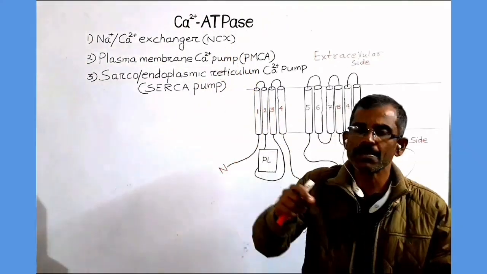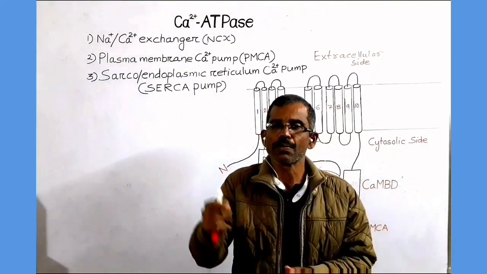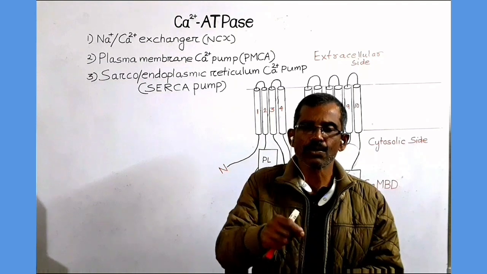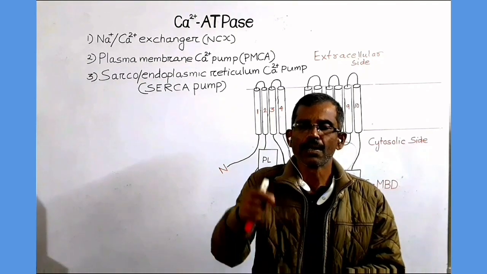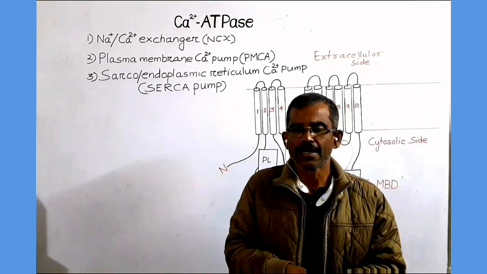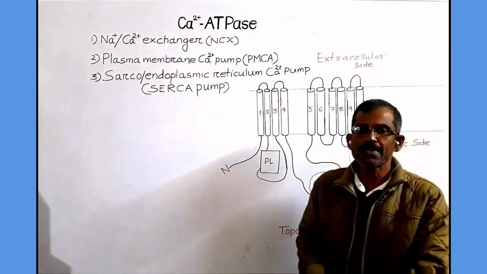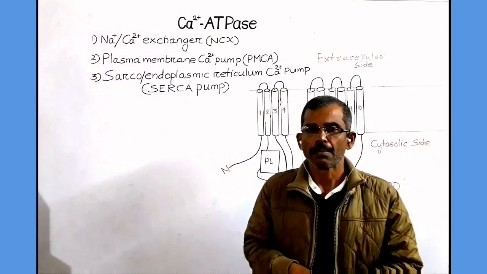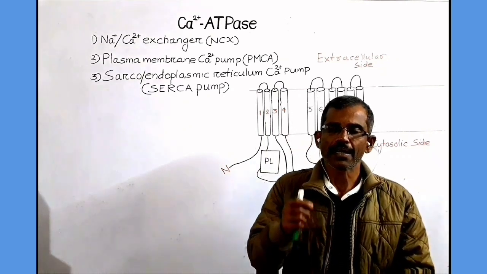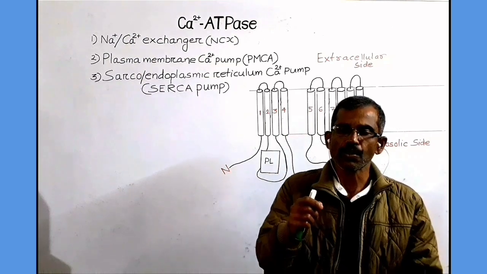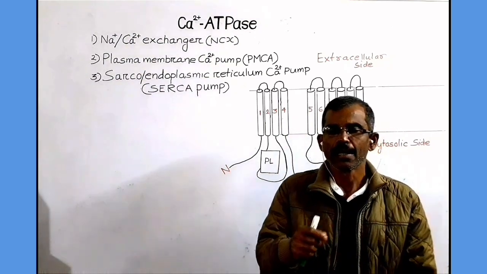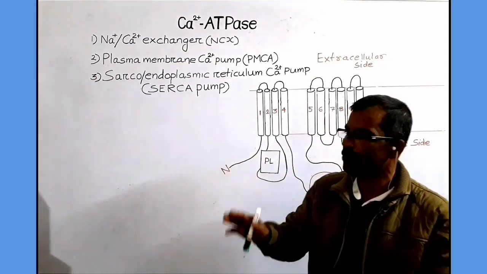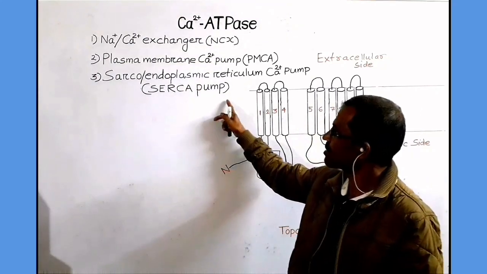NCX has been attributed a dynamic role of counteracting a large variation in the cytosolic calcium ion in the excitable cell. NCX and PMCA mediate the removal of calcium ions from the cell, but the calcium is also restored to its basal level by sequestration in the sarcoendoplasmic reticulum via the SERCA pump.